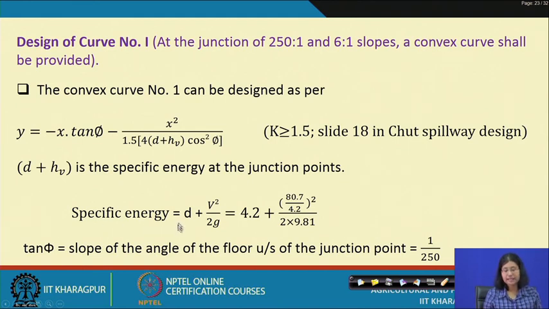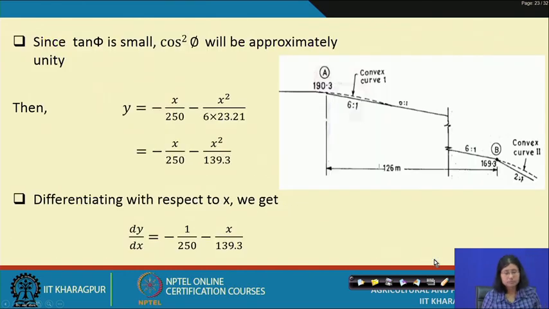Hence, the specific energy, as you know, is given by d plus v square, the kinetic head. So, we plug it here, and tan phi is the slope of the floor upstream of the junction point, which is the slope 1:250. Now, since tan phi is very small, cos square phi is also approximately unity.